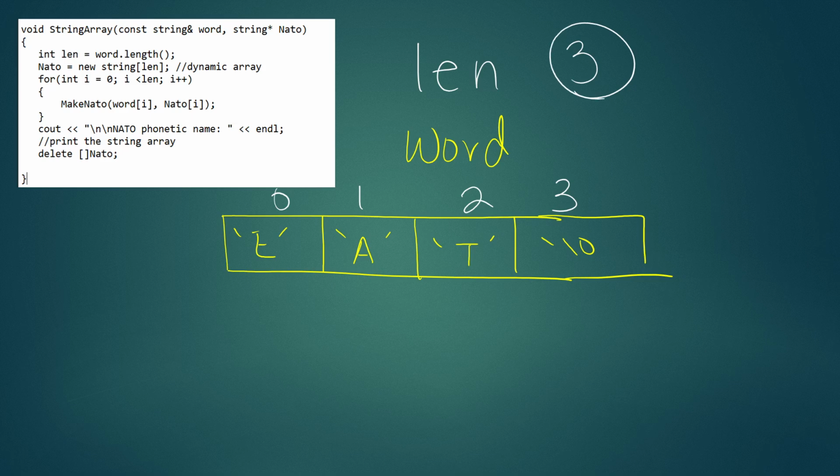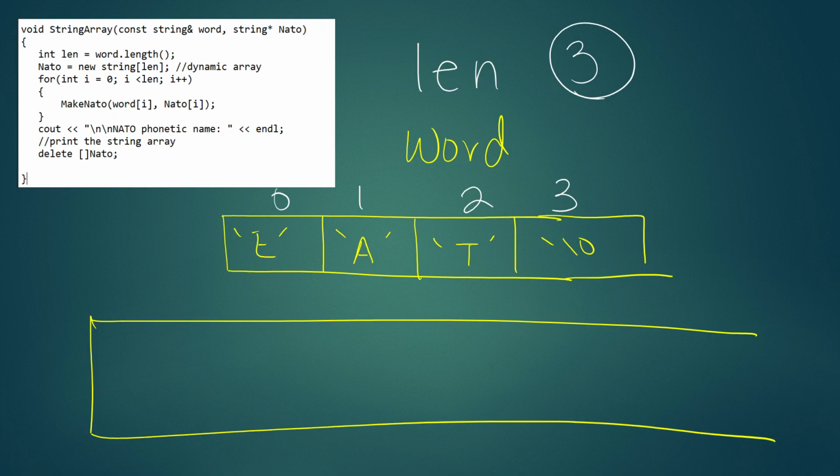Now we're just going to go through and one by one pass the letters and create our other array. It's a dynamic array, so you will see we are making a new dynamic array that's going to be the same size. So it's going to be size 0, 1, 2, so size 3.